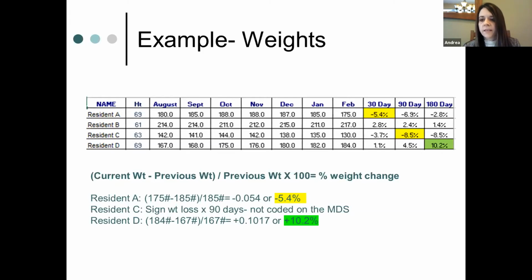So as a dietitian, I would document that the resident had a significant weight loss in 3 months, but that would not be reflected on my MDS section K. Resident D, comparing their current weight to the August weight, shows a significant weight gain of 10.2%. So depending on whether that was physician prescribed or not, I would code that accordingly on the weight gain section.